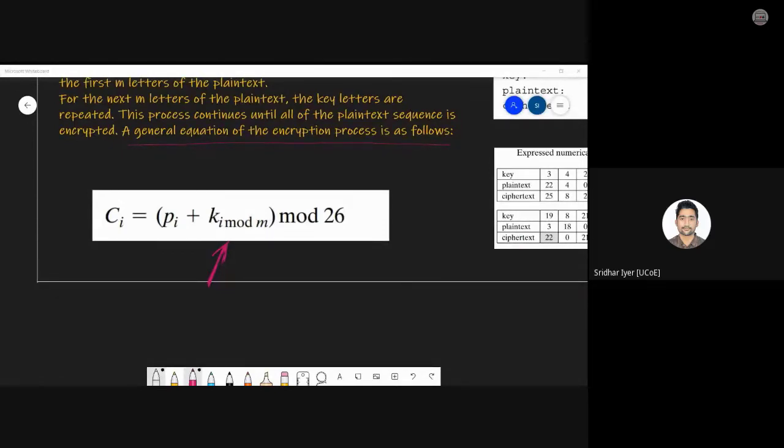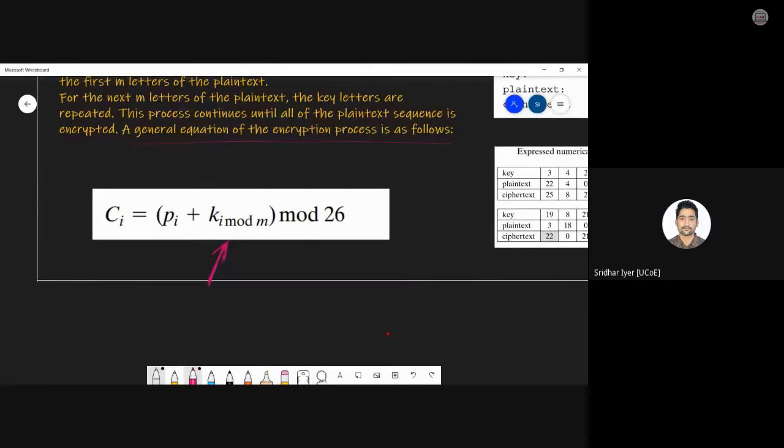If the plain text is of size 10 and the key is of size 3, what will happen is, I'm just giving an example. Suppose the length of the plain text is equal to 10 and the length of the key is equal to 4.